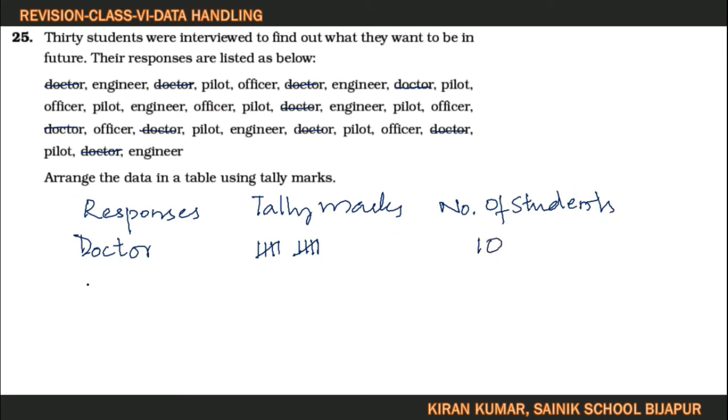Next is engineer. 1, 2, 3, 4, 5, and 6. So 6 students have responded as engineer.